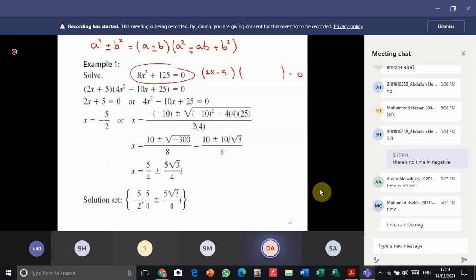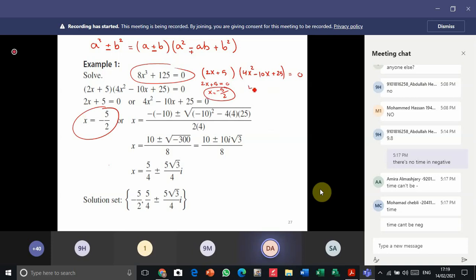Now we have the cube root of 2x to the power 3, which is 2x, and the cube root of 125, which is 5. So we have all of this times 4x squared minus 10x plus 25. Now solve this one: 2x plus 5 equals 0, so x equals negative 5 over 2. This is one solution.